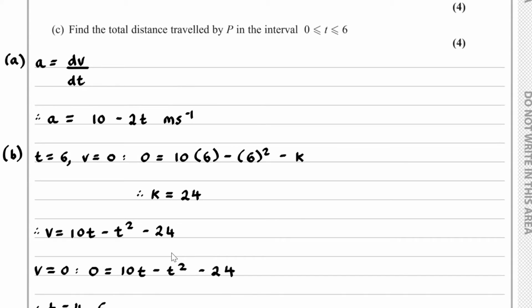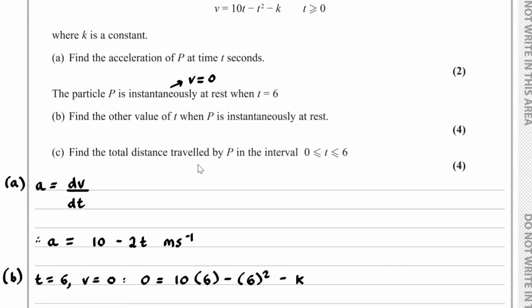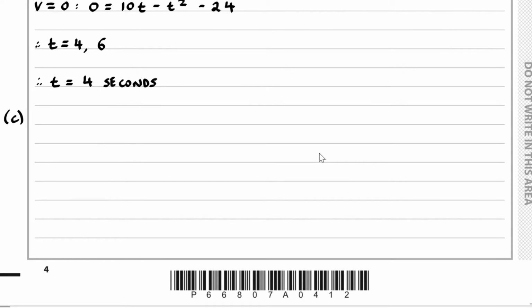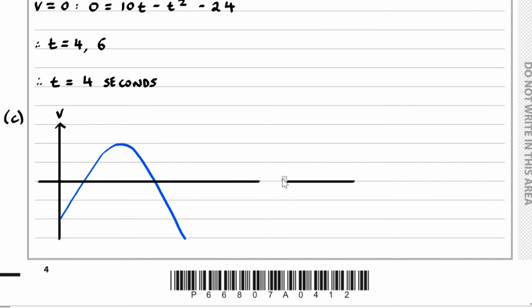And now for part C of the question, we have to find the total distance travelled by P in the interval 0 to 6. Before we do anything else, I think it will be a good idea to sketch the graph of v against t. Here is the graph of v against t.